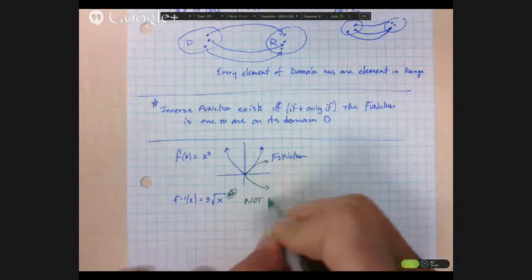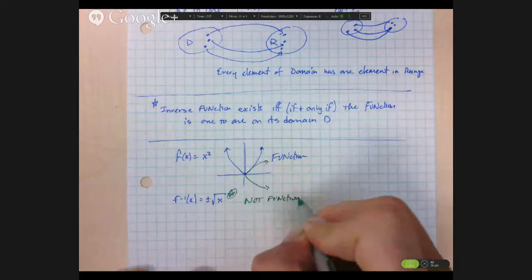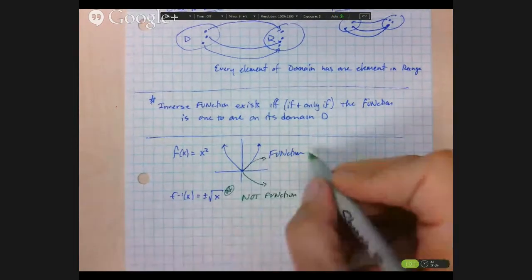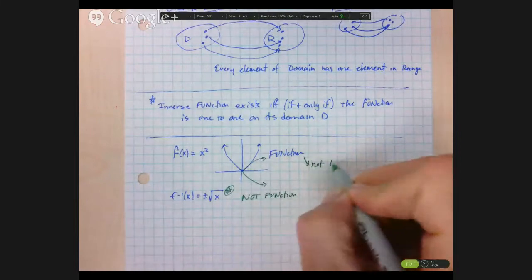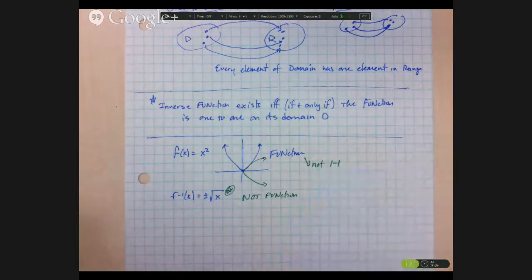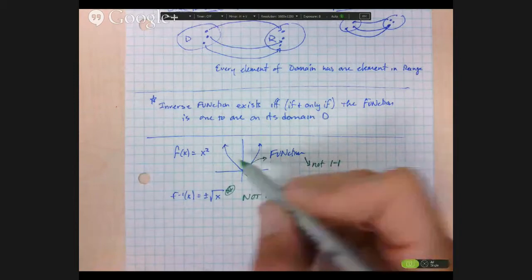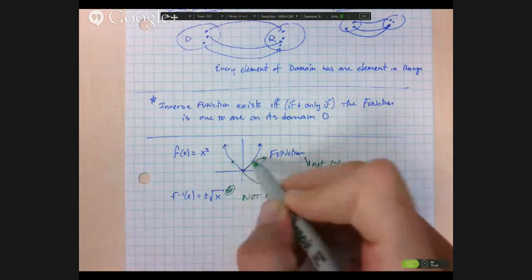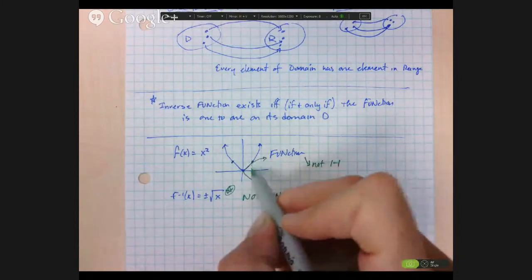That is not a function, right? Because this is not one-to-one. If I take the y value 1, it has two x values with it.